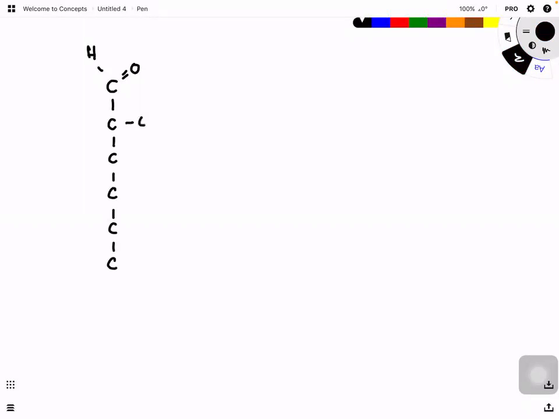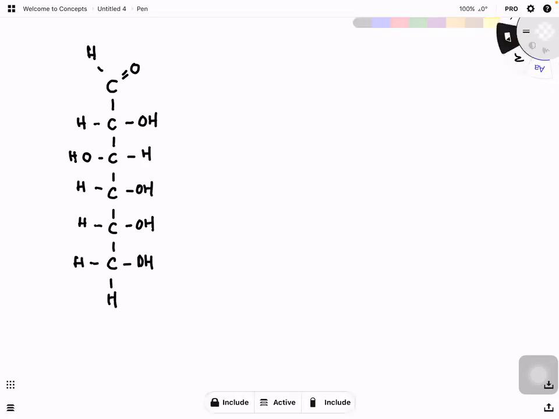Number 2, we can see the OH, H. Number 3, opposite, OH, H. Then the rest will be H, OH, H, OH. Now carbon number 6, we have OH, H, and H, correct or not? But I'm going to simplify it as CH2OH.